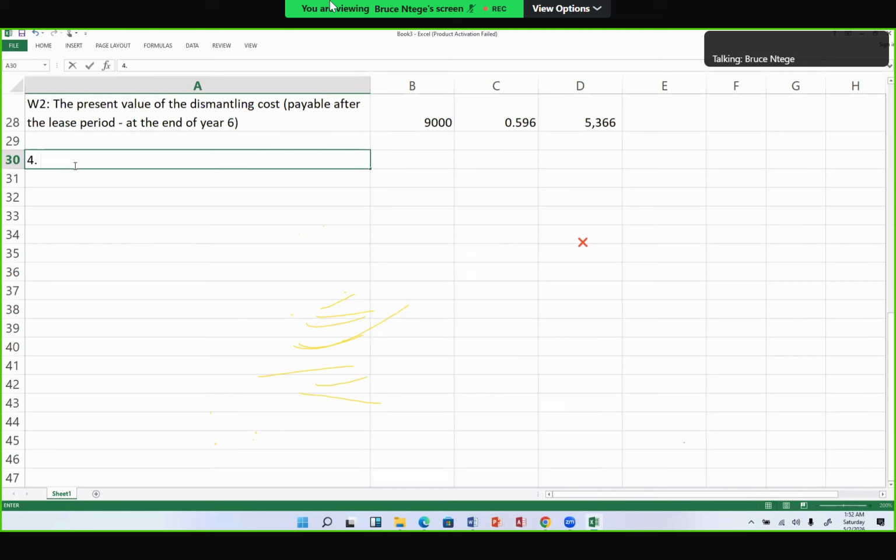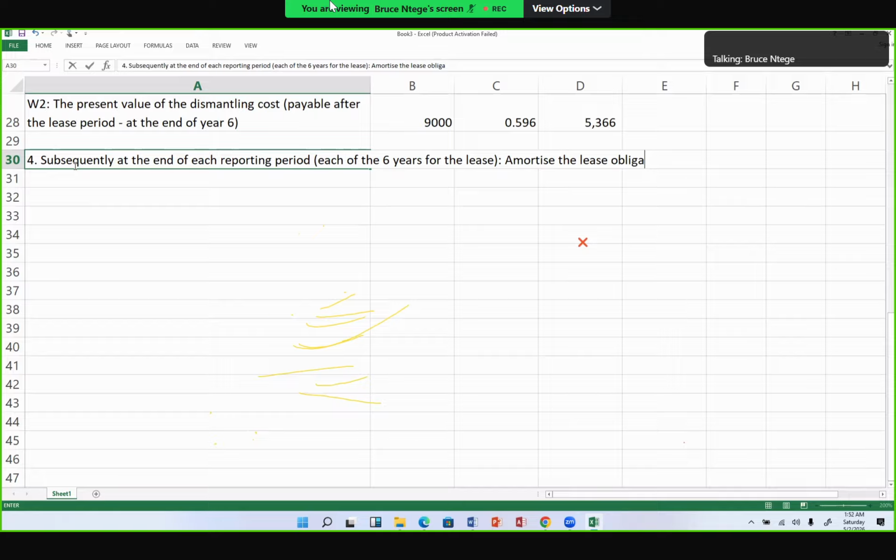Number 4, I'll subsequently, at the end of each year, each of the 6 years, because the lease has a 6-year period, amortize this obligation.